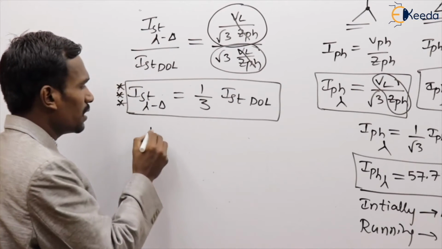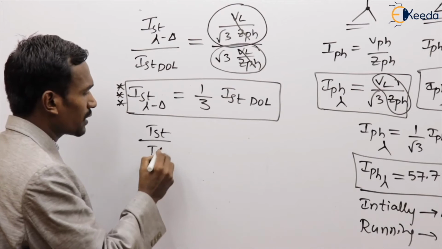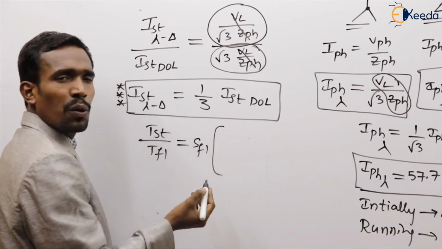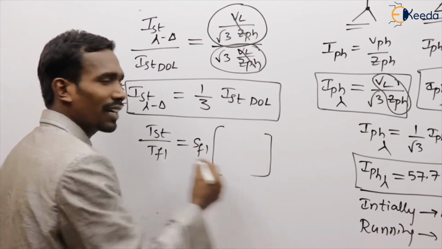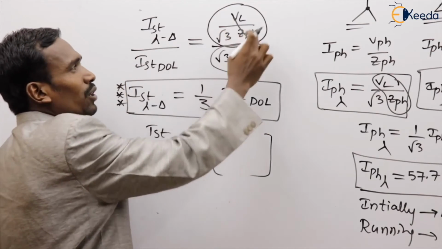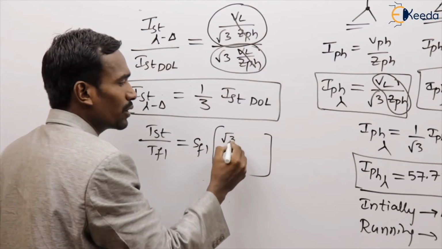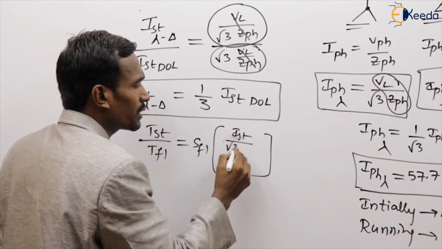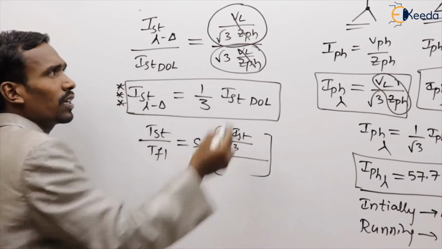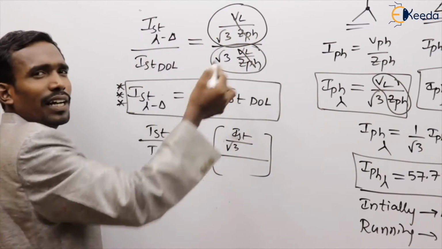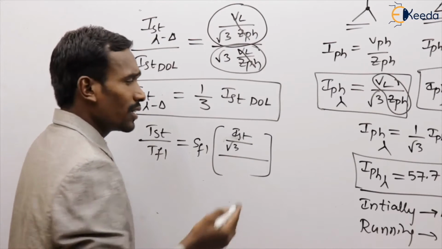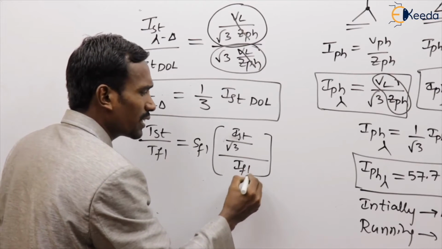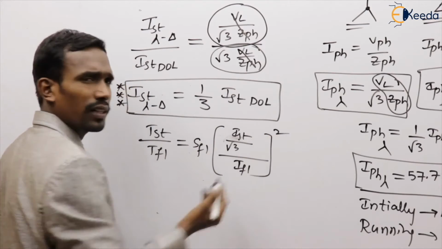Now we have another one: the starting torque to the full load torque is equal to S full load into the current taken by the motor, which is IST by root 3 only, divided by the full load current, whole square.